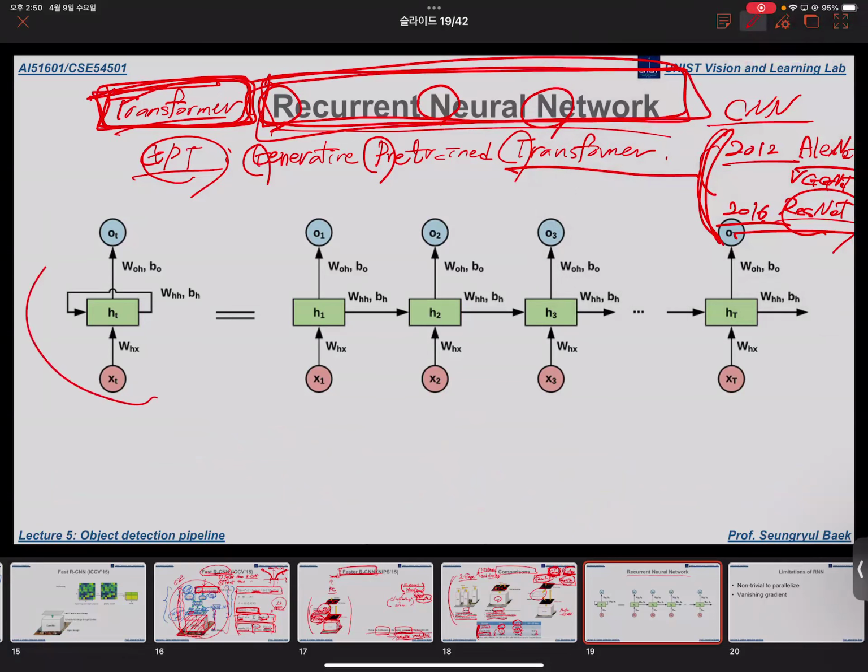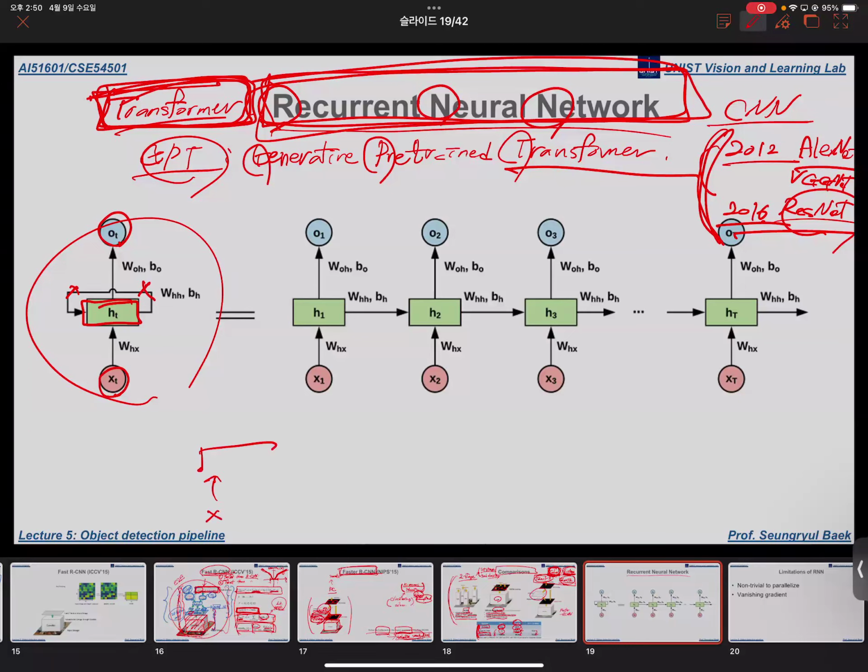So you have to first understand this kind of RNN structure, okay? So this is denoting the input, and this is denoting the output. And these are the layers inside the network. So, without this recurrent part, this is the same as an MLP layer.